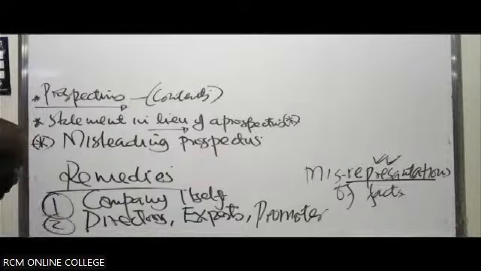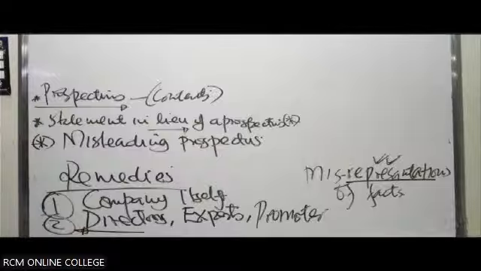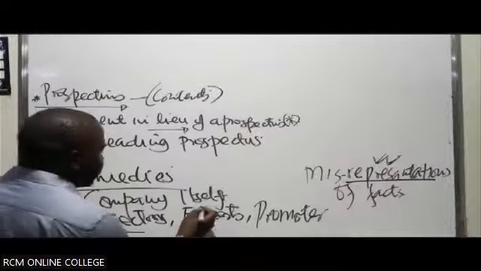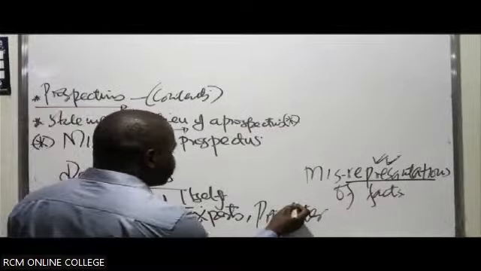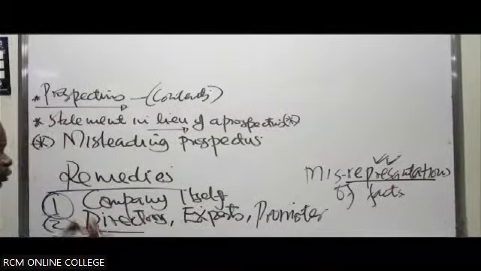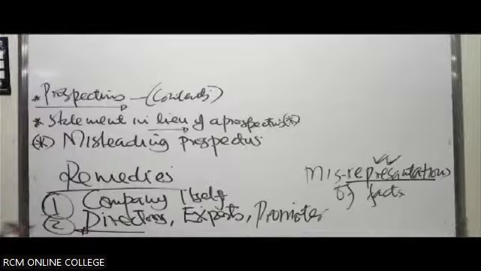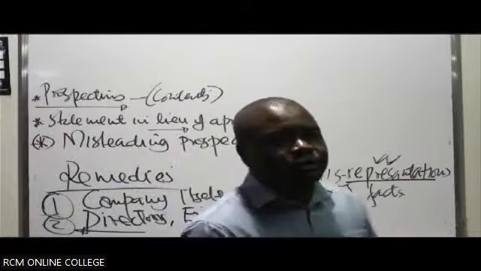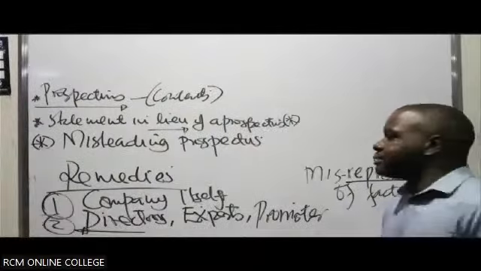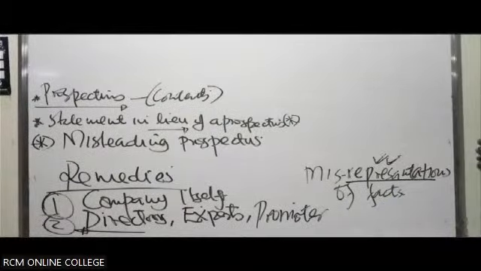So the parties who can be liable for a misleading prospectus can be directors, experts like auditors, and promoters. Experts are involved, for example, in coming up with some of the reports that are attached to the prospectus.